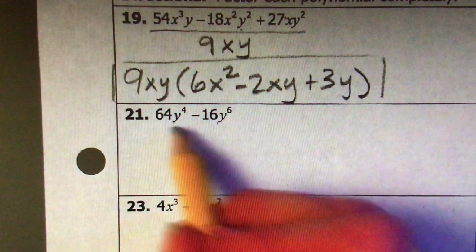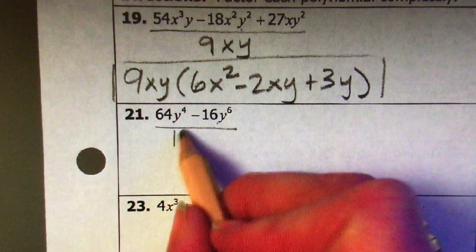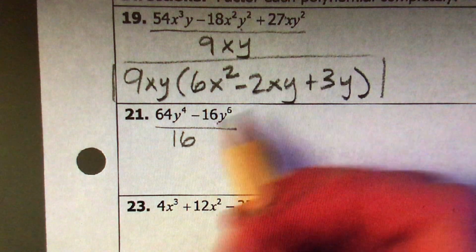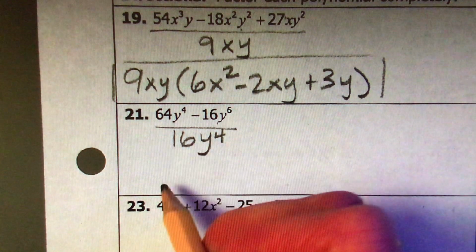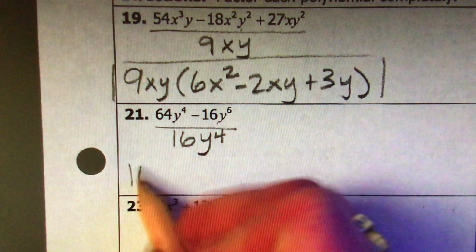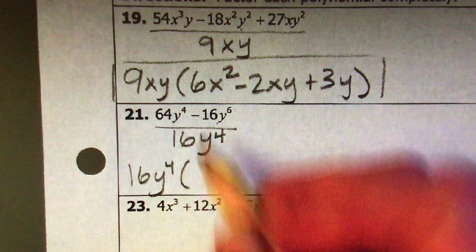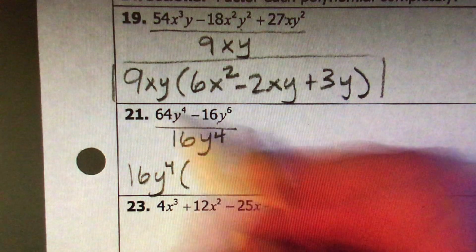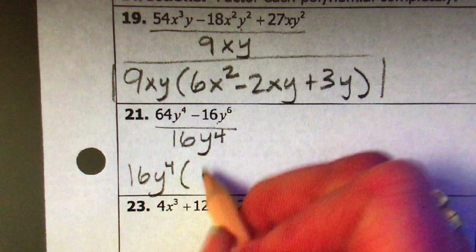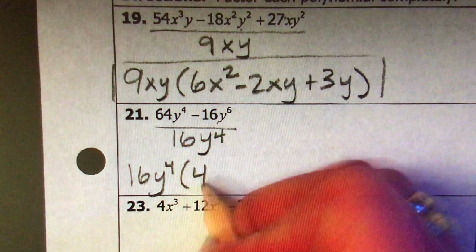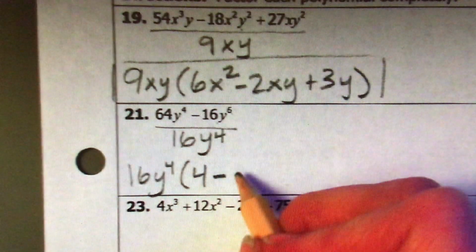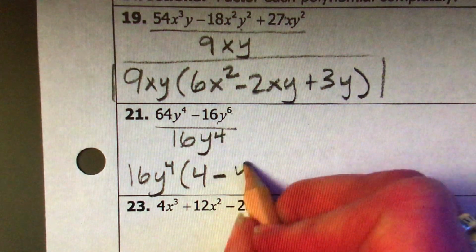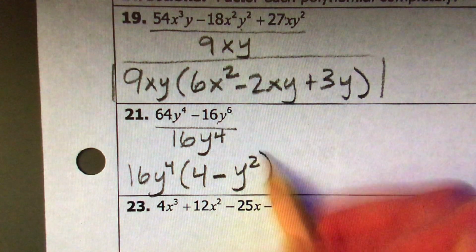What if I factor out 16 and then y to the 4th power? 16y to the 4th power goes outside, and let's start dividing it. 64 divided by 16 becomes 4, minus 1, and then you have 2 y's, so you have y squared.